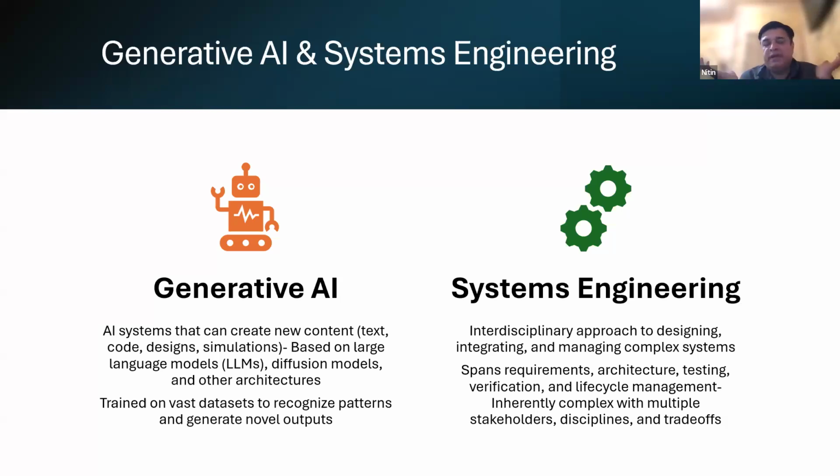It is a multidisciplinary approach which requires communication with different stakeholders, decomposition of a system into smaller subsystems, and eventually going through the whole system suite to integrate it all together at the end and then deliver to the customer. After delivery, it does not end there. Constant monitoring, management, and eventually phase out are also part of systems engineering. So how is Gen AI going to help in systems engineering? Well, let's see that.